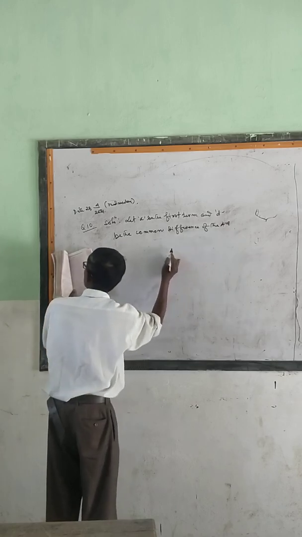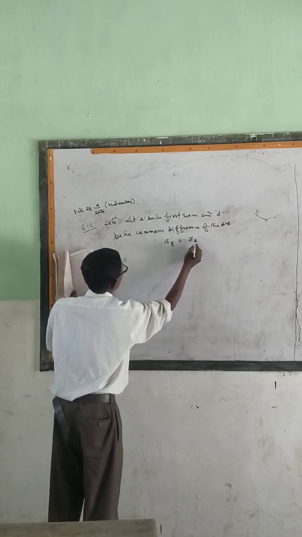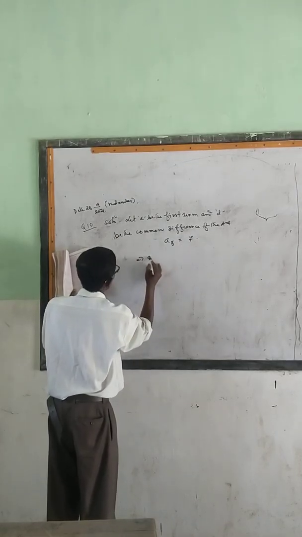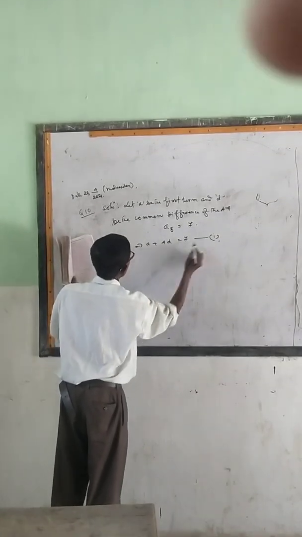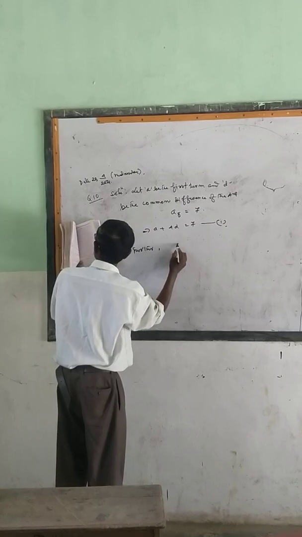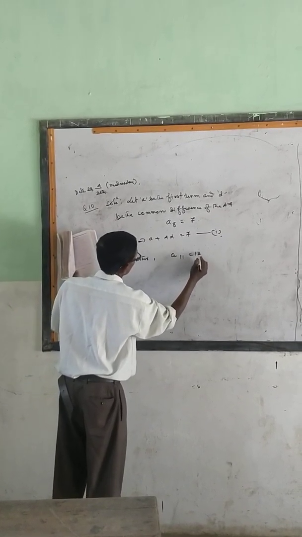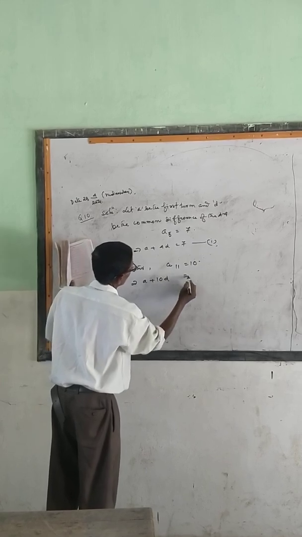What does the question say? A5 equals 7. That means A plus 4D will be 7. This is equation number 1. Then further, A11 equals 10, so this will be A plus 10D equals 10.